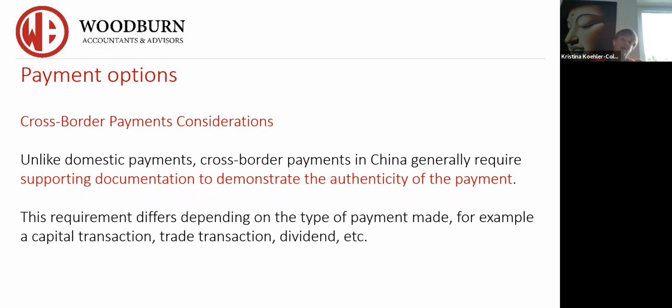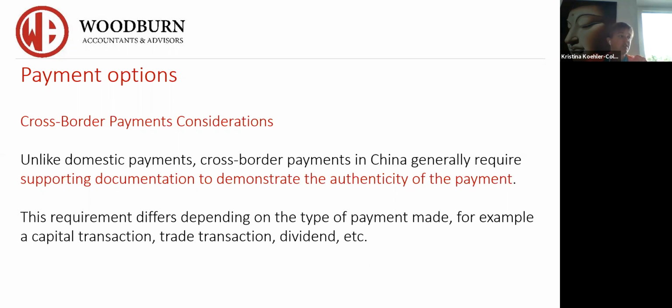But cross-border payment considerations, it's old school. It's not something that is easy. You always have to have the supporting documentation available. It takes time, and you have to be very patient to repatriate out.